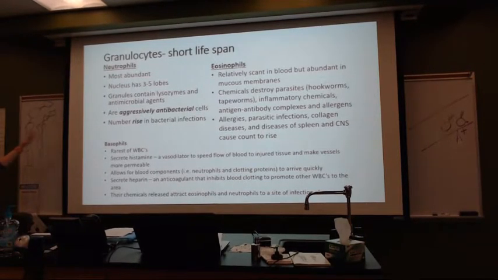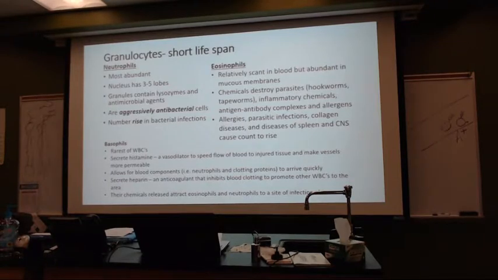Not long. Our neutrophils, under normal conditions, are the ones with the highest count in a blood count. In that white blood cell count portion, neutrophils would be highest in number.